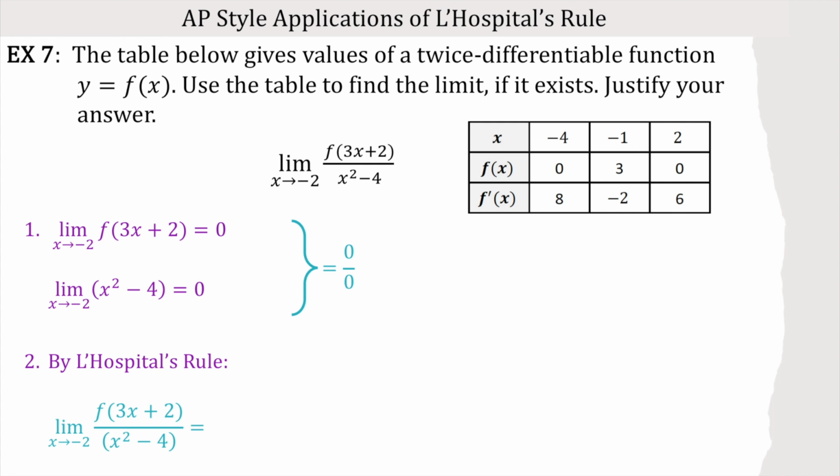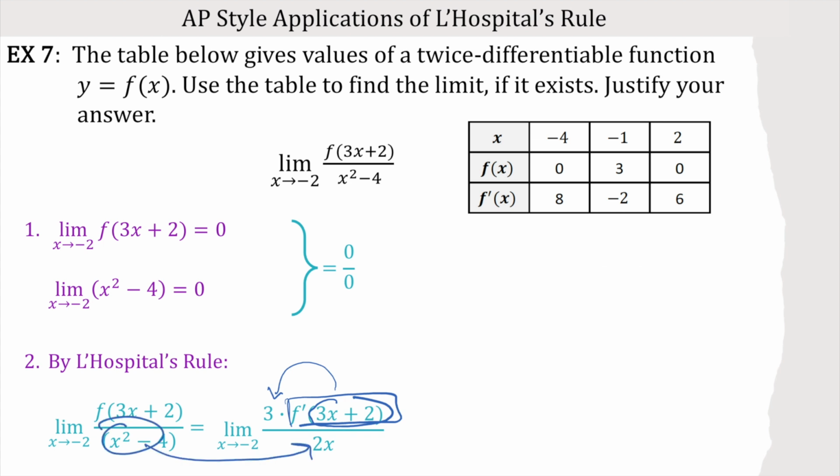Rewrite the original function. And then when you take the derivative of the top, you use the chain rule. So here's the derivative of the outside, keeping the inside the same. And then the derivative of 3x plus 2 is 3. And of course, the derivative of x squared is 2x. And now let's try direct substitution by plugging in -2.